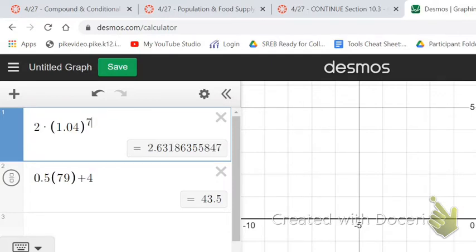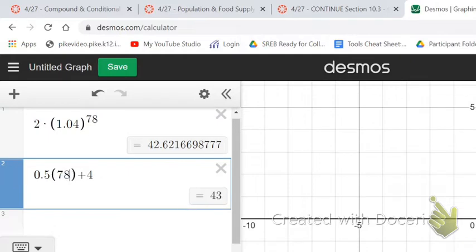Actually, 78 might work. Right about here. So 78 years into the future, they're fine. But 79, that's when they start having problems.